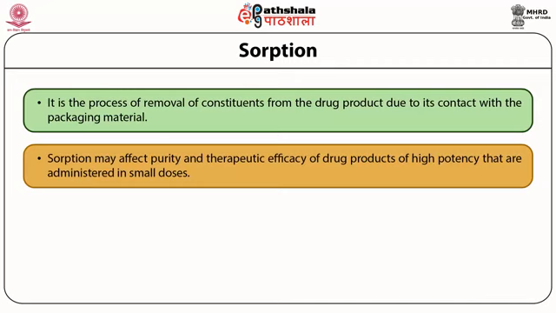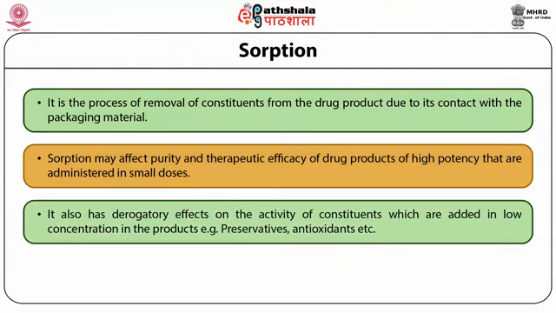Absorption may affect the purity and therapeutic efficacy of drug products of high potency that are administered in small doses. It also has detrimental effects on the activity of constituents which are added in low concentration in the products, for example preservatives and antioxidants. They are generally added in a very minute quantity, so they are very potent.